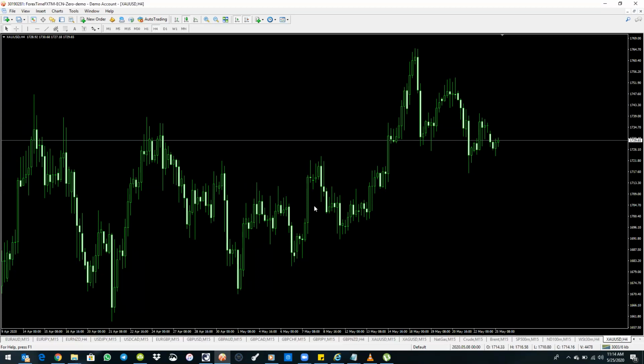So what is a moving average? A moving average, just as we understand the word average, if you have 10 numbers and you're finding the average of those 10 numbers, you add all the 10 numbers together and divide them by 10. That will give you the average of the 10 numbers.